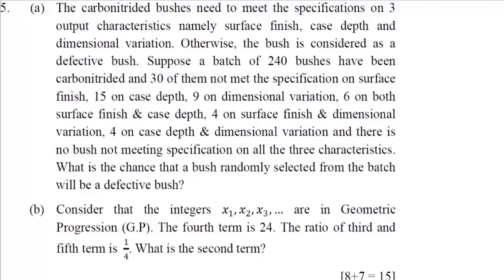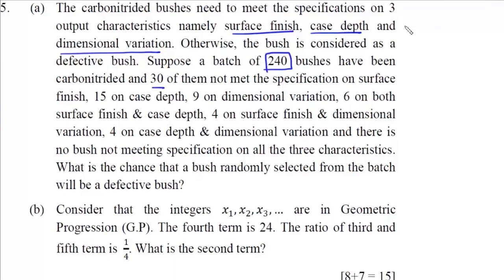Now question number 5 is, the carbonitrided bushes need to meet the specifications on surface finish, case depth, and dimensional variation. Otherwise, the bush is considered as a defective bush. Now we have a batch of 240 bushes, and out of them 30 do not meet the specification on surface finish.